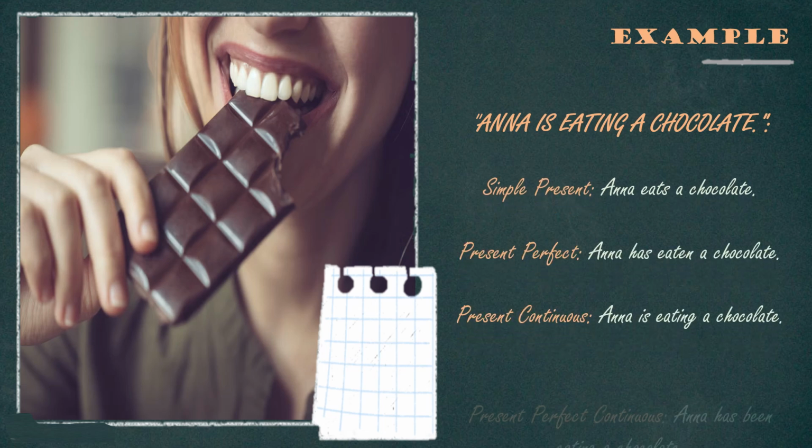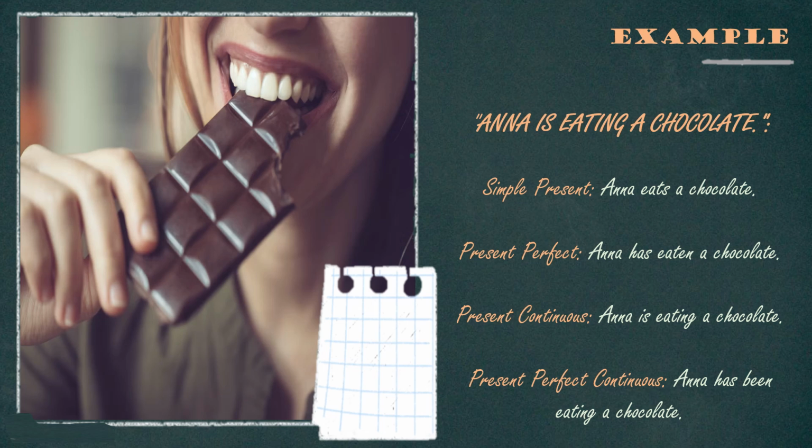Now the four forms of the statement: simple present, Anna eats a chocolate; present perfect, Anna has eaten a chocolate; present continuous, Anna is eating a chocolate; and present perfect continuous, Anna has been eating a chocolate. Now all the four sentences here show a particular time, that is the present.